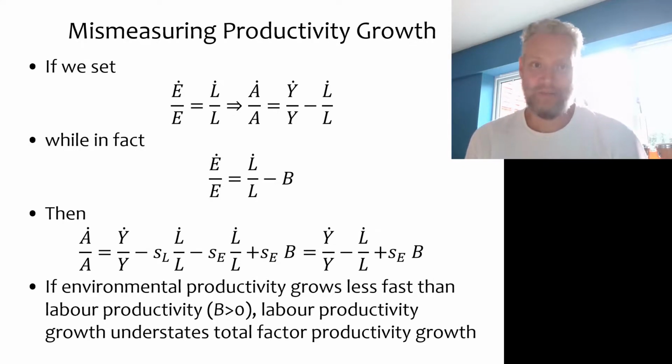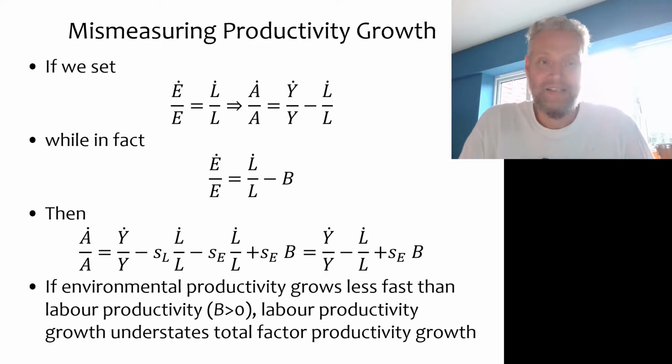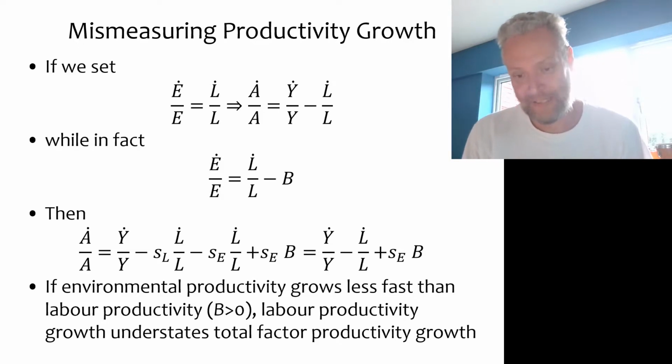Essentially, your technology progresses faster than you think because you ignore one of the inputs into your production process, and that ignored input is a sluggish one. It does not grow very fast. And if those two conditions are met, then you are growing less fast than you think you are, because you're missing this sluggish input.